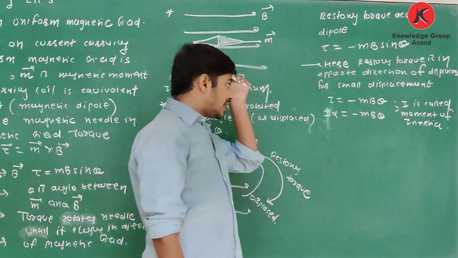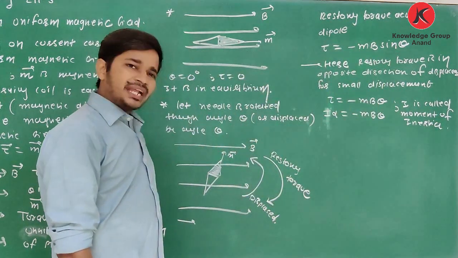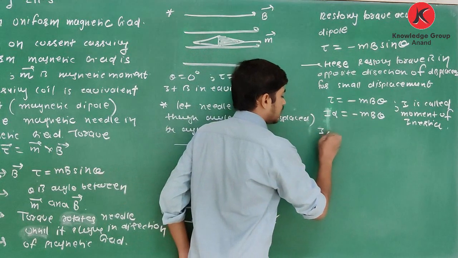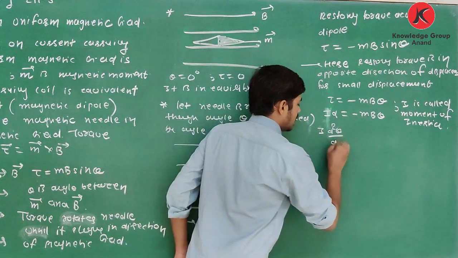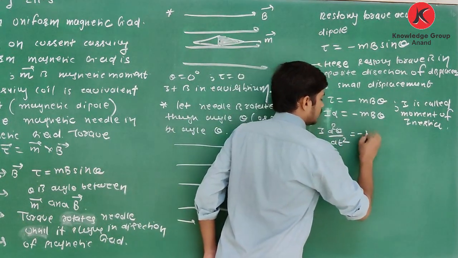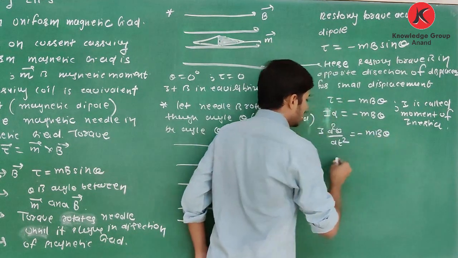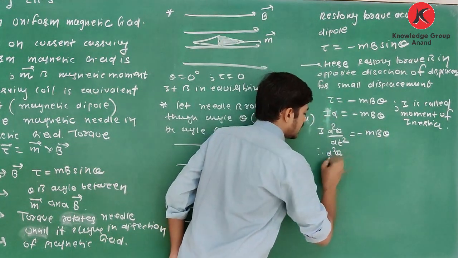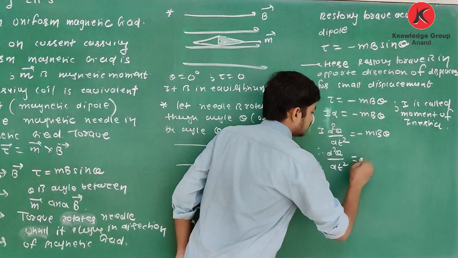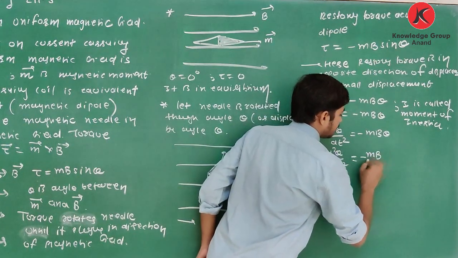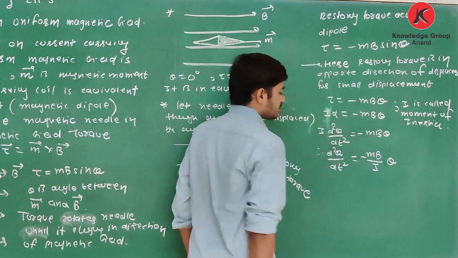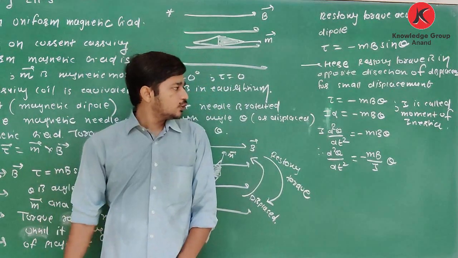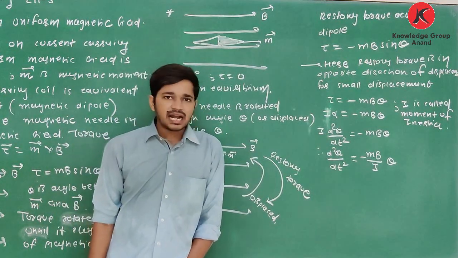So I alpha is equal to minus mB theta. Now I alpha means d square theta upon dt square is equal to minus mB theta. Therefore, d square theta upon dt square is equal to minus mB upon I theta.